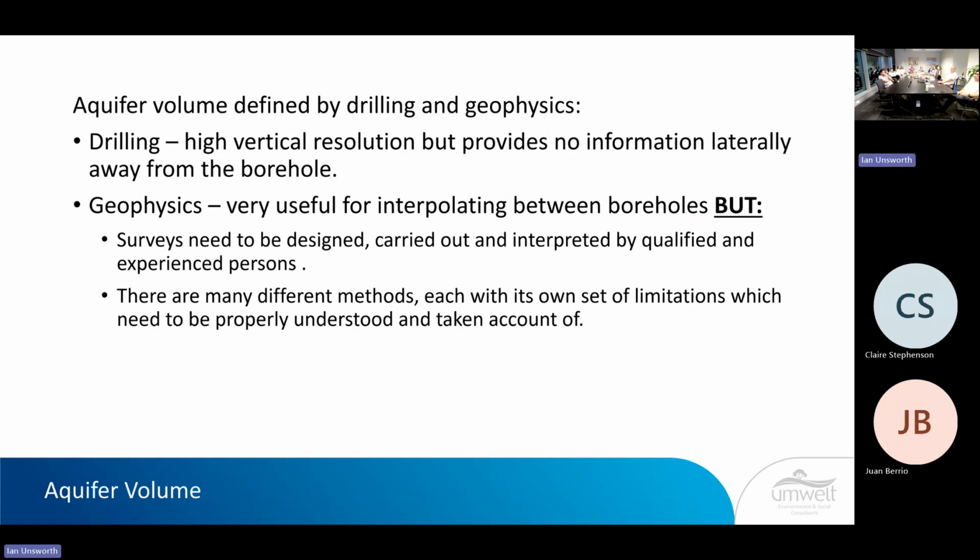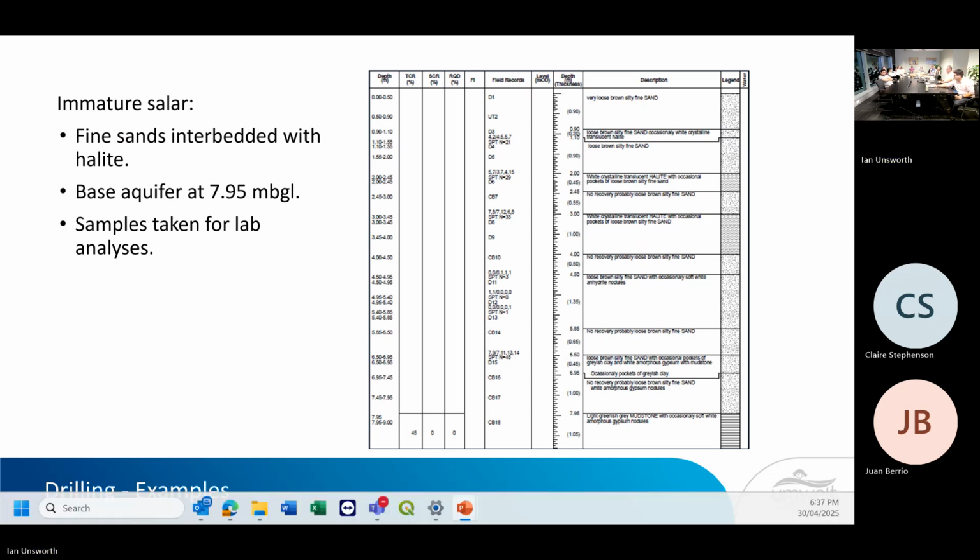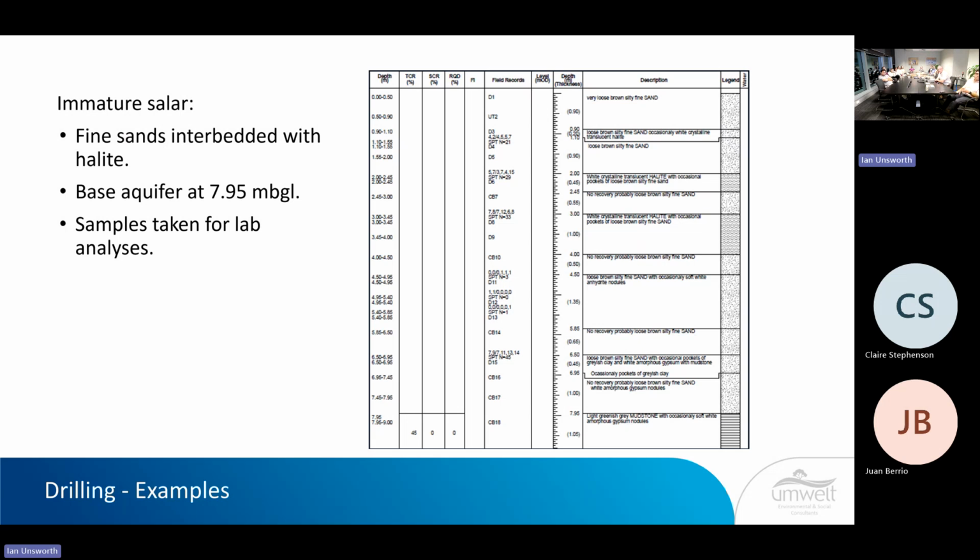So active volume is probably the easiest, even though it's open to interpretation. And that's a bore log, obviously, from an immature salar. In fact, it's only about 8 meters deep, interbedded halite and sand, unconsolidated fine sand.